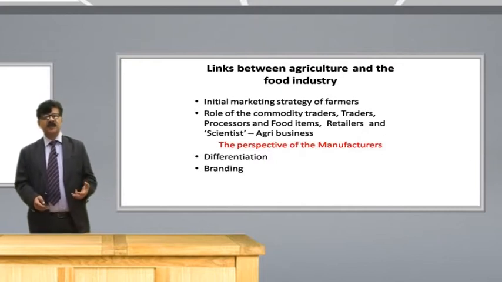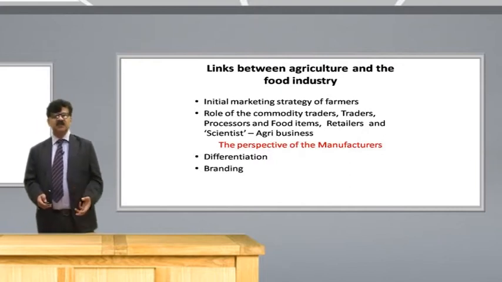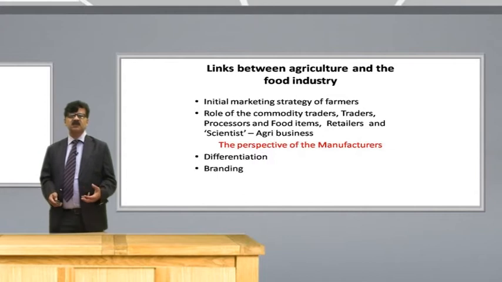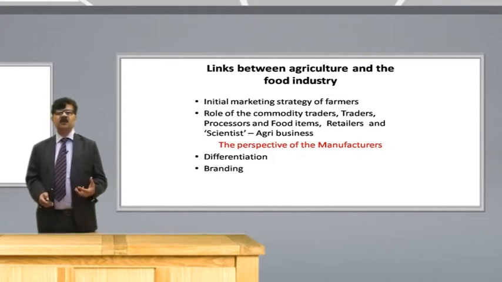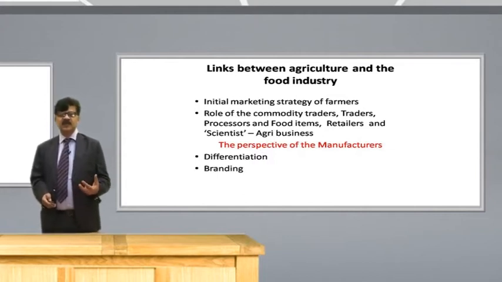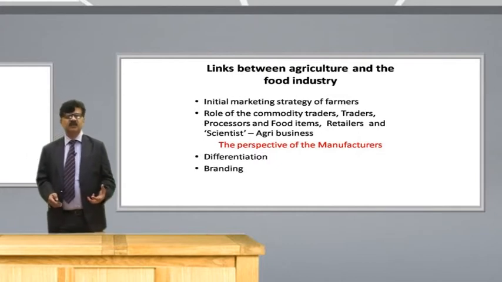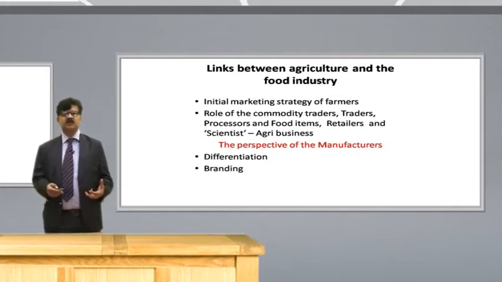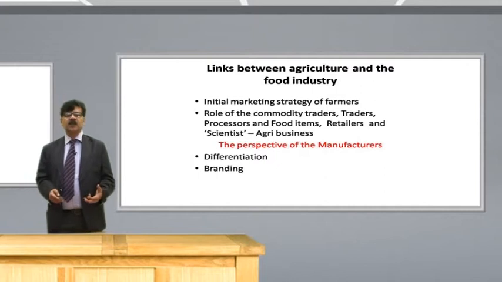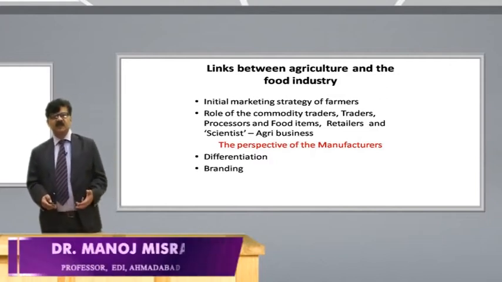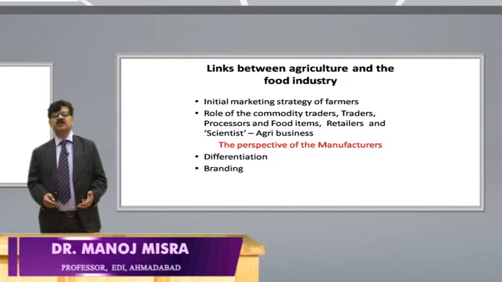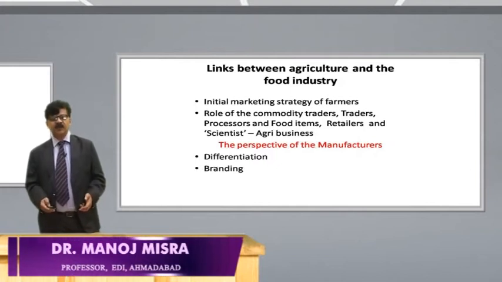The points to be considered are, first, differentiation, because product differentiation by the manufacturers has to always happen, and that will lead to a meaningful case for the consumers at large. The second point is branding, which helps the consumers recognize the differentiated products. This having been done, the manufacturer aims at consumer loyalty as well as brand loyalty.